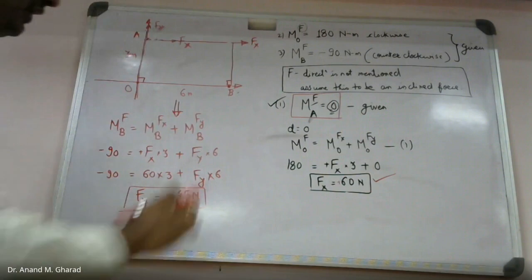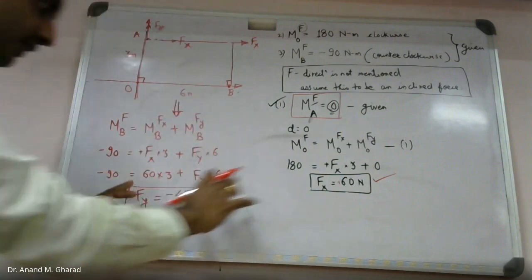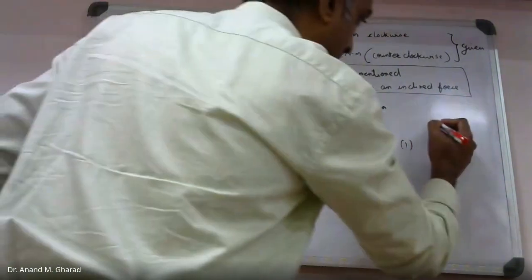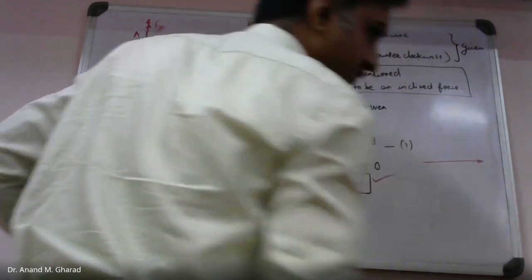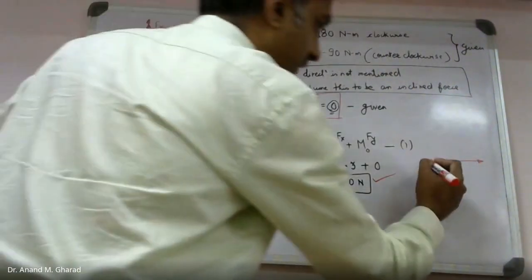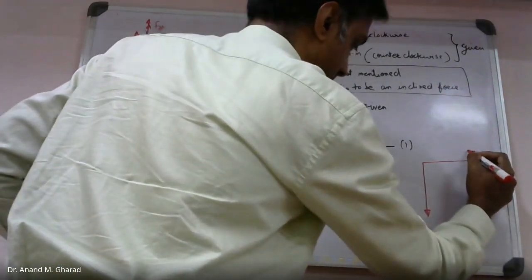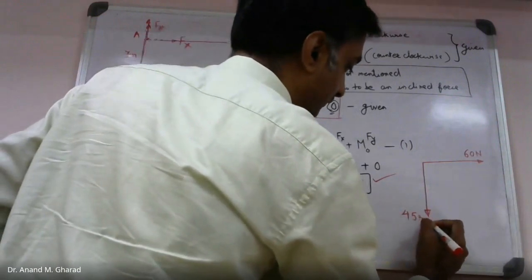Okay. So the final picture, if we want to represent the final picture associated with the components of your F, how should it be? Fx should be positive like this, and Fy is negative. 60, 45.